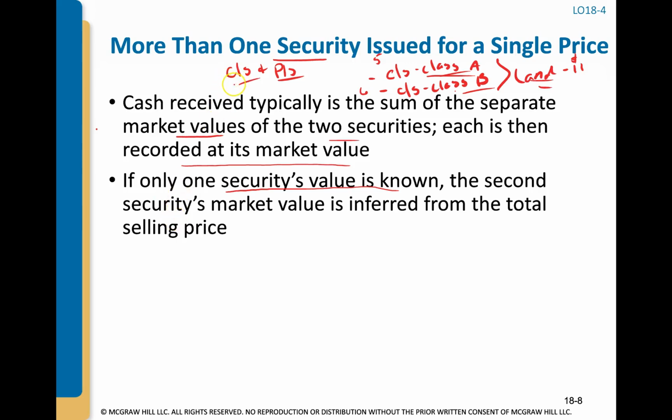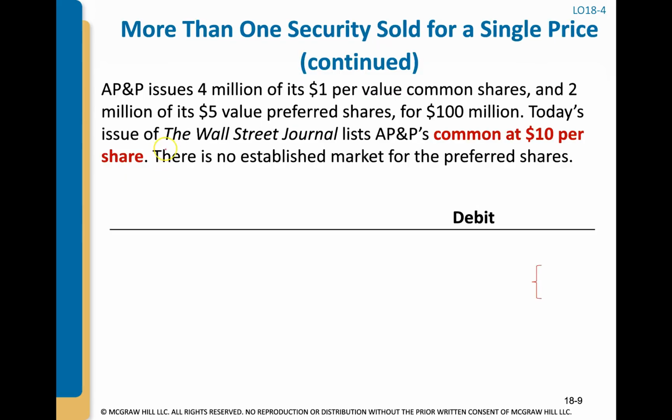So if we sell land for $11 million and we issued common stock and preferred stock, but we only know the market value of the common stock, let's say the common stock is $7 million and we paid a total of $11 million, then we would just assign $4 million, the remainder, to the preferred stock. And we'll go through an example.